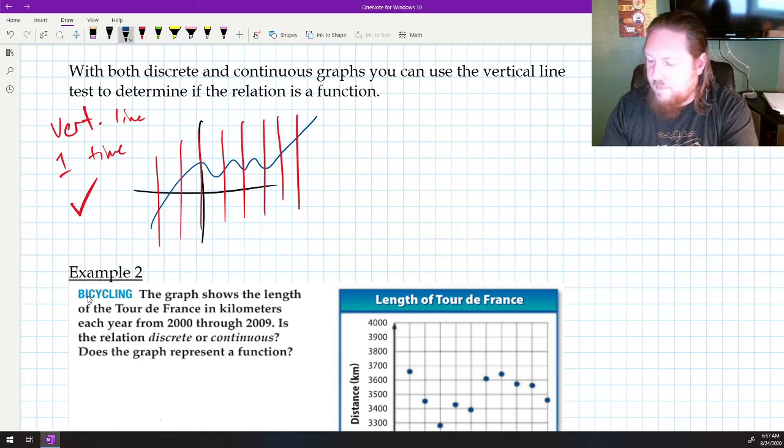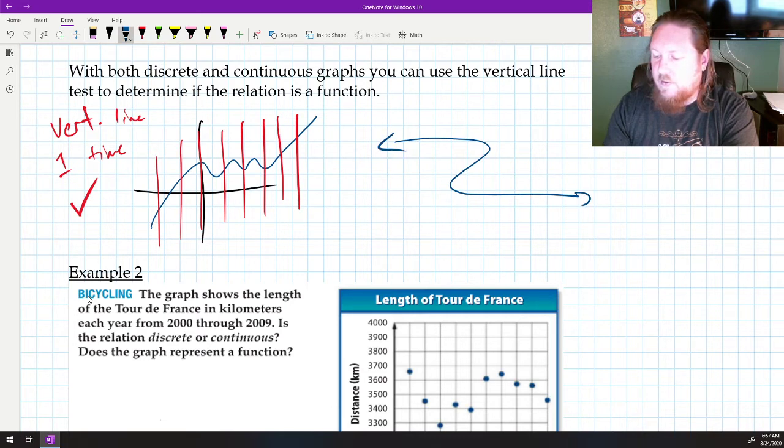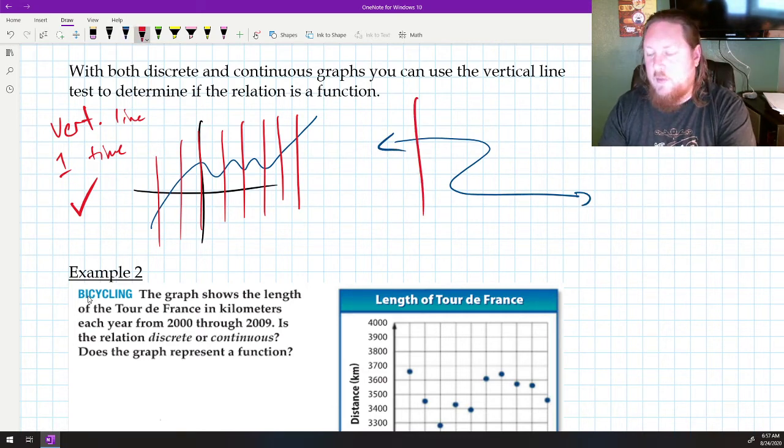If you ever have something like a z-shape for your graph, see, one vertical line cuts it right there, and at this spot, it hits it twice. Just that is enough right there.